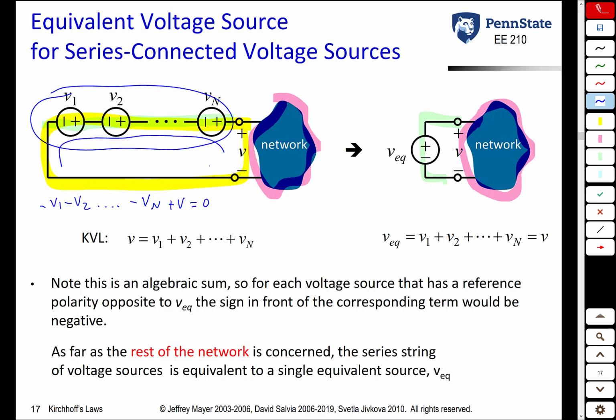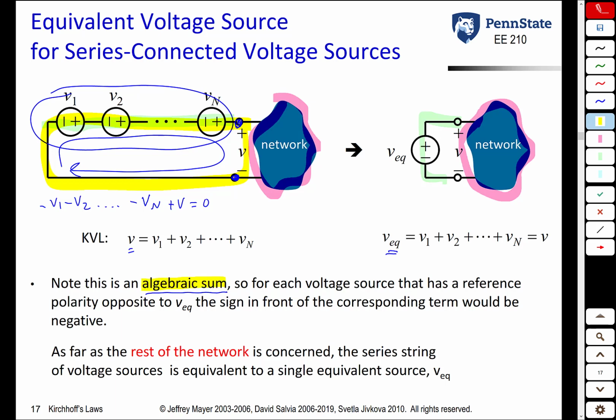So traveling through this loop, adding up voltage drops, and solving for V, you get that this voltage V, the voltage at these terminals here, happens to be the algebraic sum of V1, V2, V3, V4, etc., all the way up to Vn. And so the equivalent voltage source is just the algebraic sum of those. Key term here is algebraic sum.